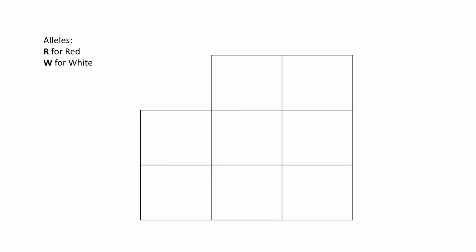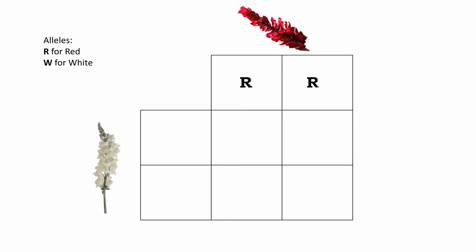So we will make the Punnett square, like this. The red snapdragon flower will be at the top and the white snapdragon flower at the side. First we have to assign the alleles for the red, that's R and R, and W for white.